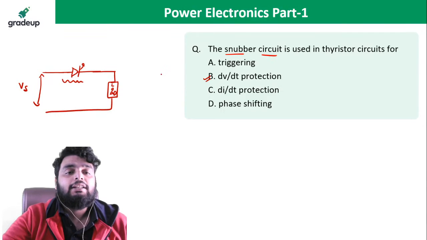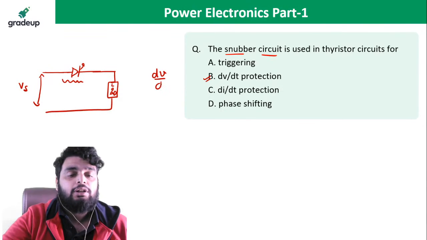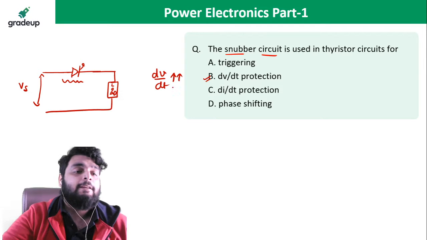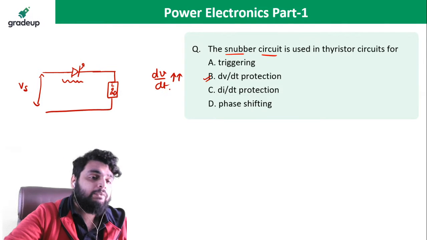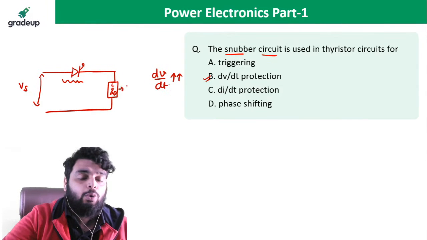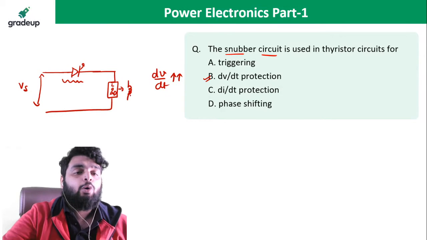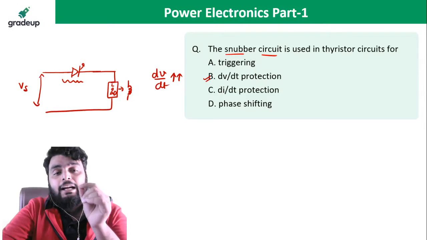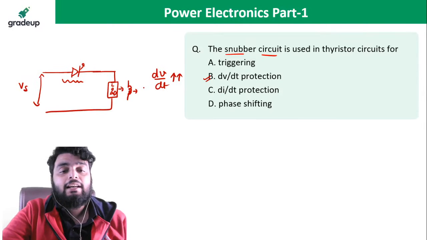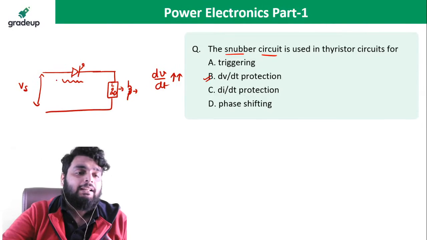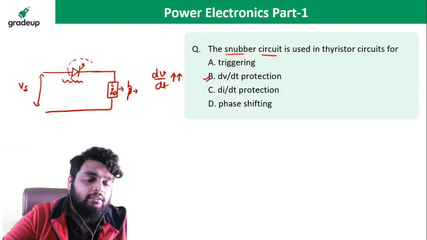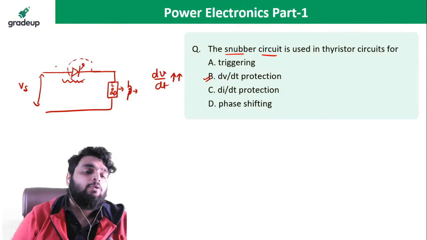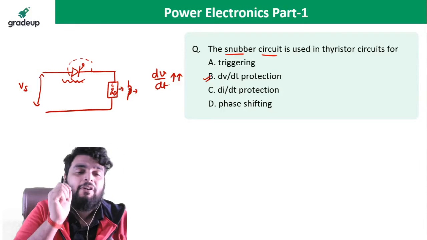Across the thyristor, the rate of change of voltage will become very high. Why? Because if the load contains an inductor, then at the starting the load will act like a short circuit. So the voltage across the thyristor will change in a very small amount of time. So dV by dt becomes very high.